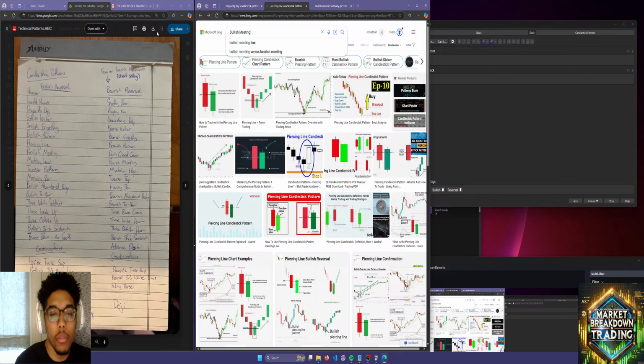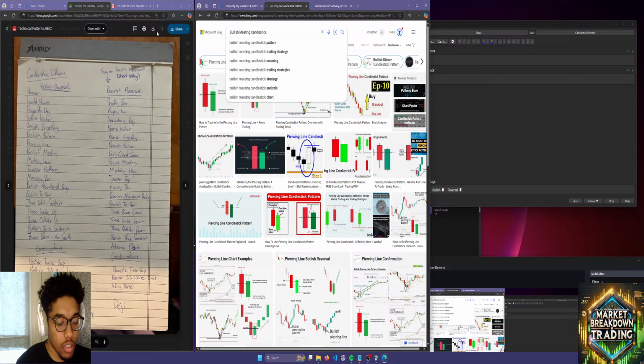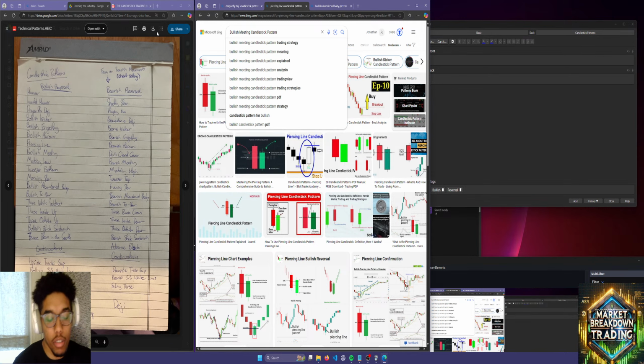Bullish meeting candlestick pattern. And what is this one? I think it's when you basically have a downtrend and it's met with an uptrend that starts with a couple bullish candles.